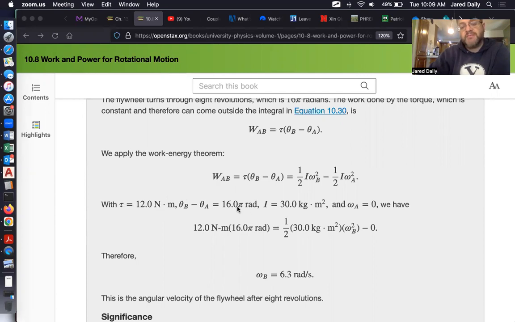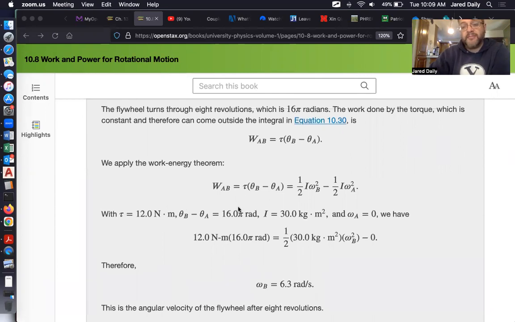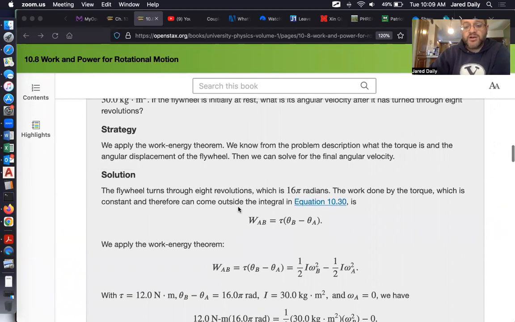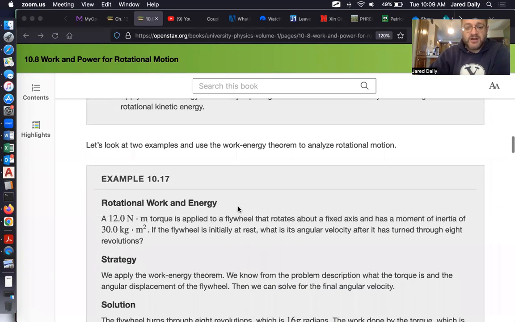Why can we just multiply it? Because they're going to be perpendicular to each other. Well, they don't actually tell us that. We're assuming that. A flywheel is like a wheel, like a disc like this, and we're going to assume that we're pushing on it to rotate it.